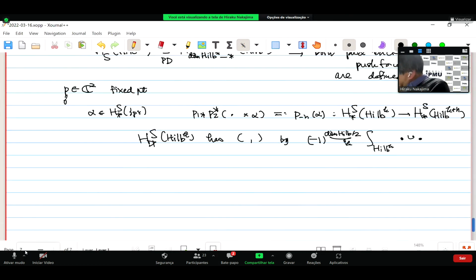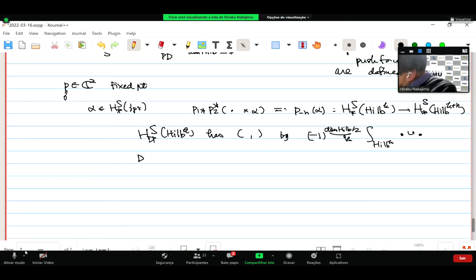And I denote P plus N of beta, which is the adjoint of P minus N of beta. So beta is another class.